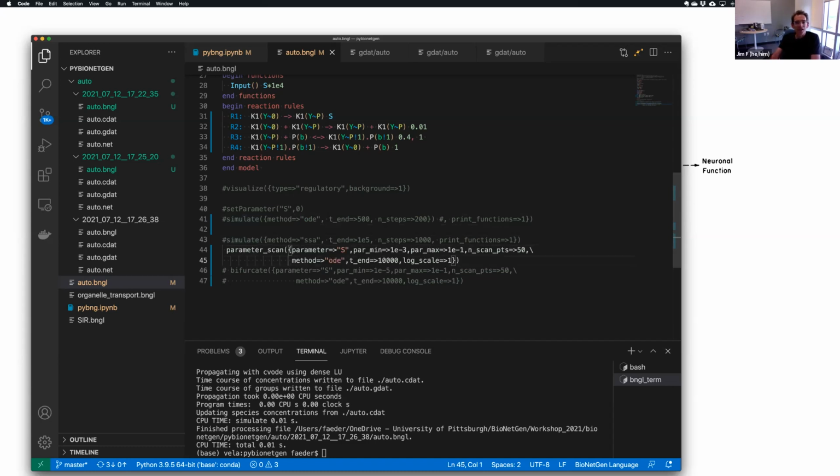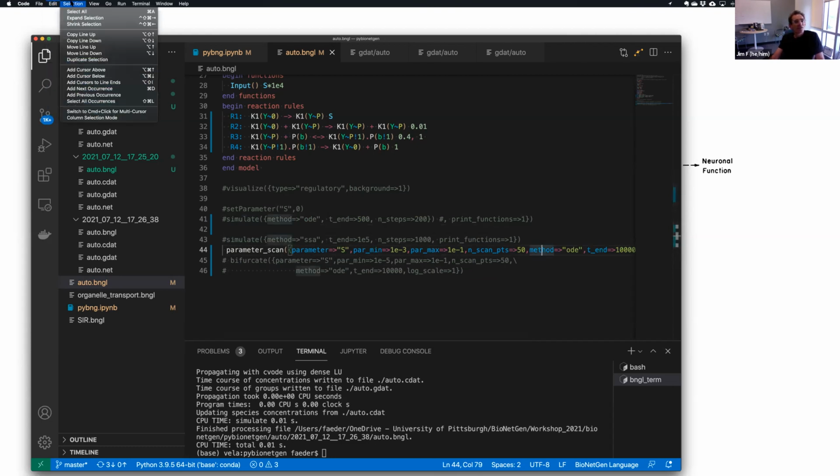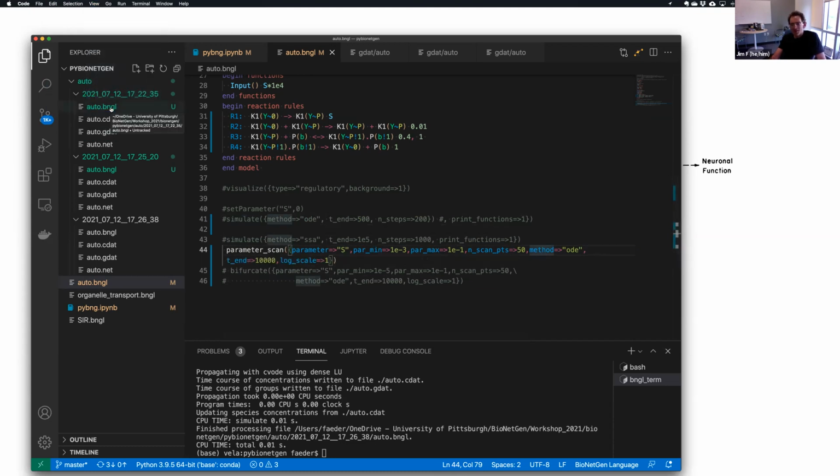We could just scan the parameter value with S. And we learned how to do a parameter scan before. Option Z makes word wrap happen. So we could do a parameter scan here and see how the steady state changes.